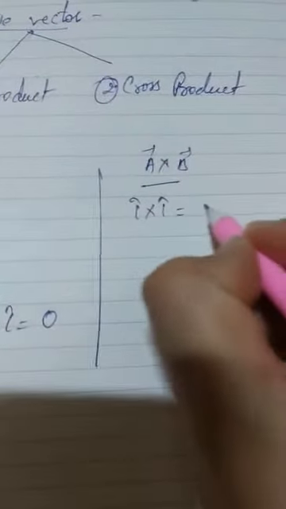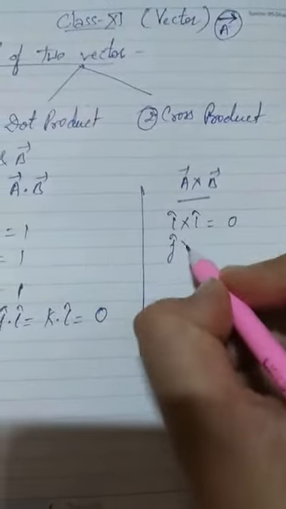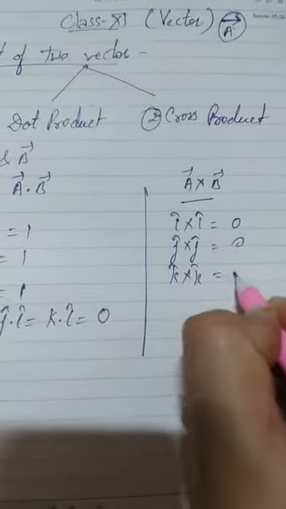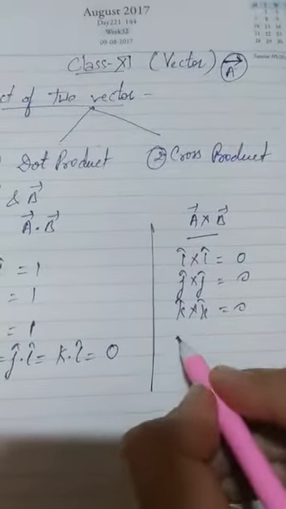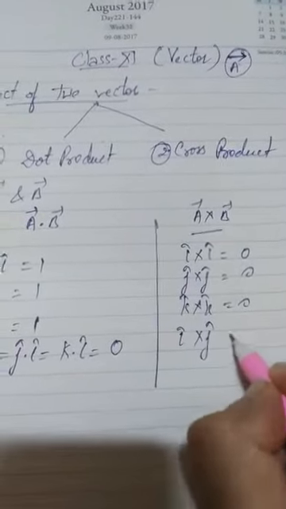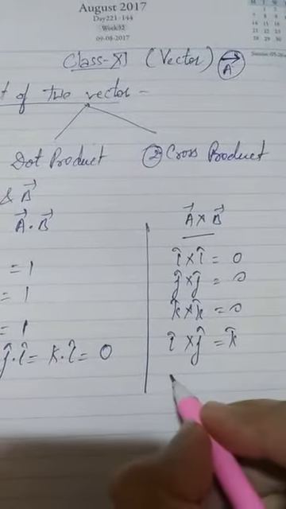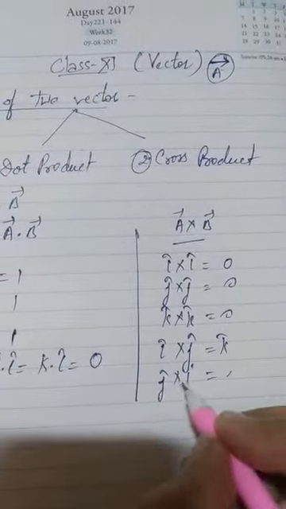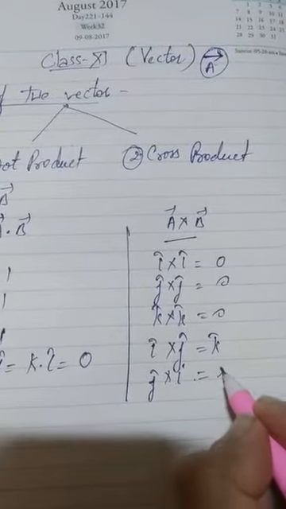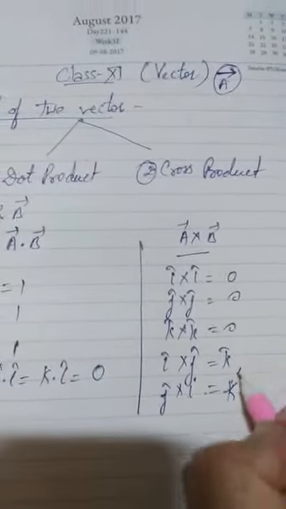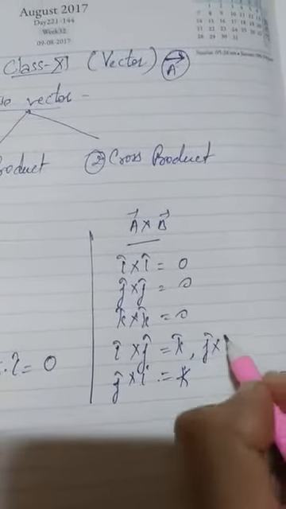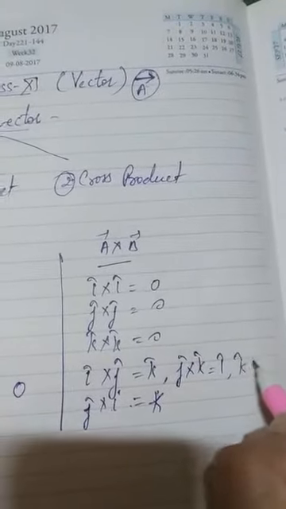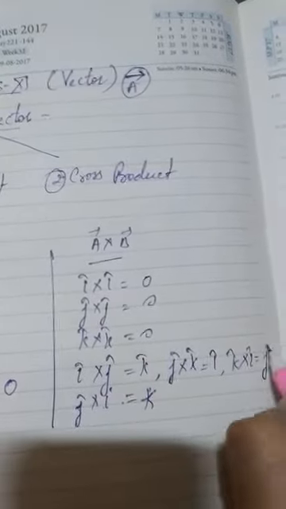The same for the cross product: i cross i will be 0, j cross j will be 0, k cross k will be 0. Then i cross j will be k, and j cross i will be minus k. j cross k will be i, and k cross i will be j.